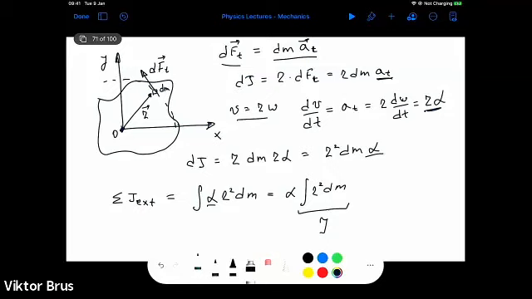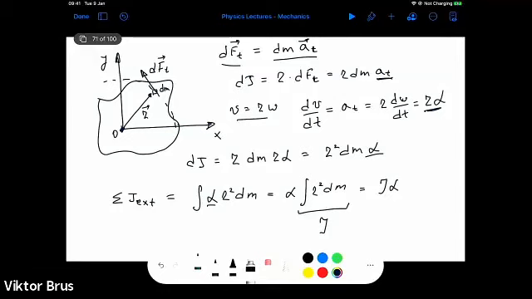And that means that the total resultant torque on a rigid body is equal to the product of the moment of inertia and the angular acceleration of this rigid body. We always keep in mind that the moment of inertia is calculated with respect to a given fixed axis of rotation.